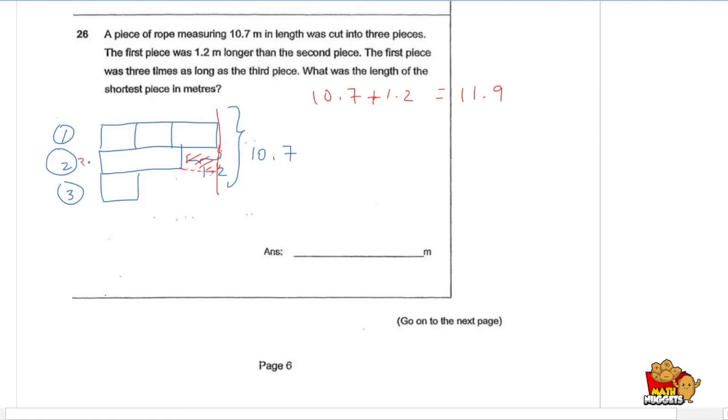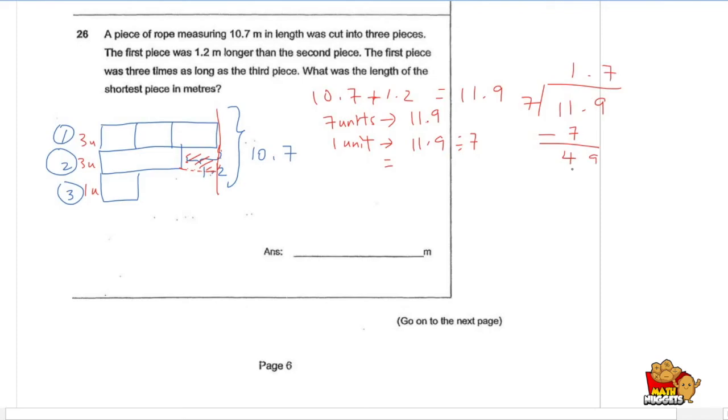So I have 3 units, first piece 3 units, third piece 1 unit. So I total have 7 units. So 7 units is 11.9. 1 unit would be 11.9 divided by 7, which is 1.7.